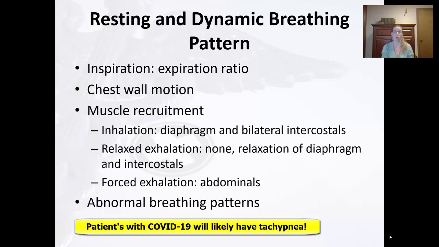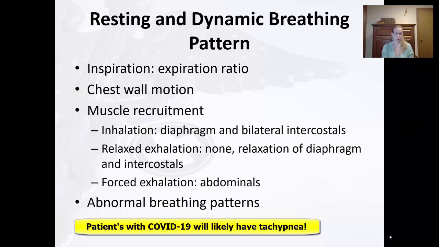Now, in patients with restrictive lung diseases, in the acute care setting, and patients with respiratory distress, sometimes we can even see hyperventilation or an inspiration-expiration ratio of 1 to 1. Obviously, you can't sustain that respiratory pattern, and your systems are going to break down.